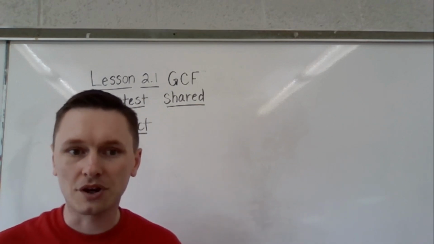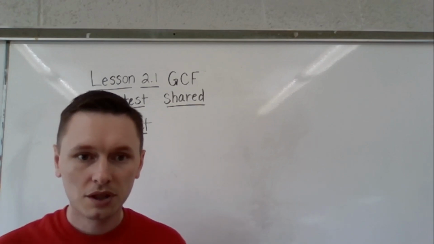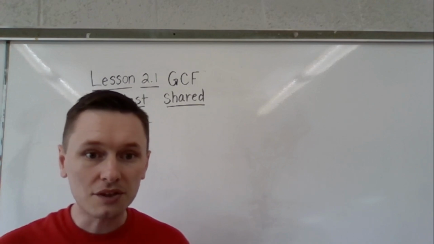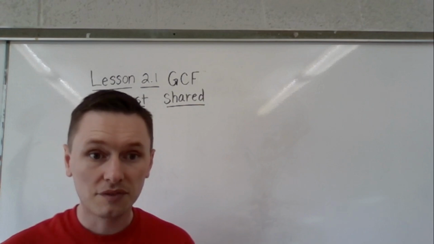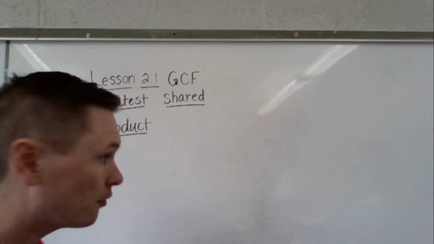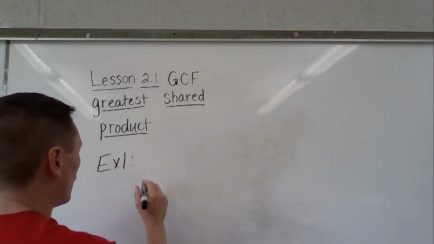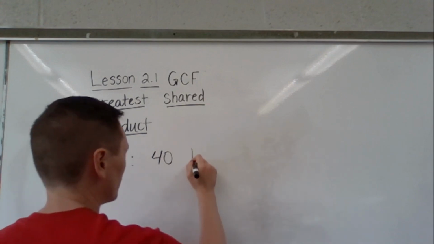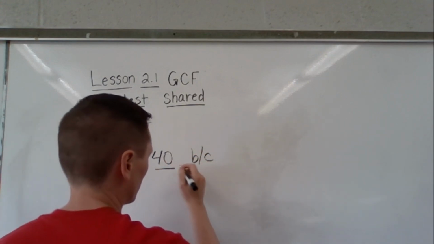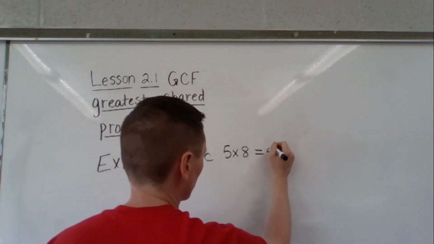All right, prime numbers are numbers that have two factors, itself and 1. Okay, so an example, 5 and 8 are factors of what? 5 and 8 are factors of 40. So example 1, 5 and 8 are factors of 40 because 5 times 8 equals 40.